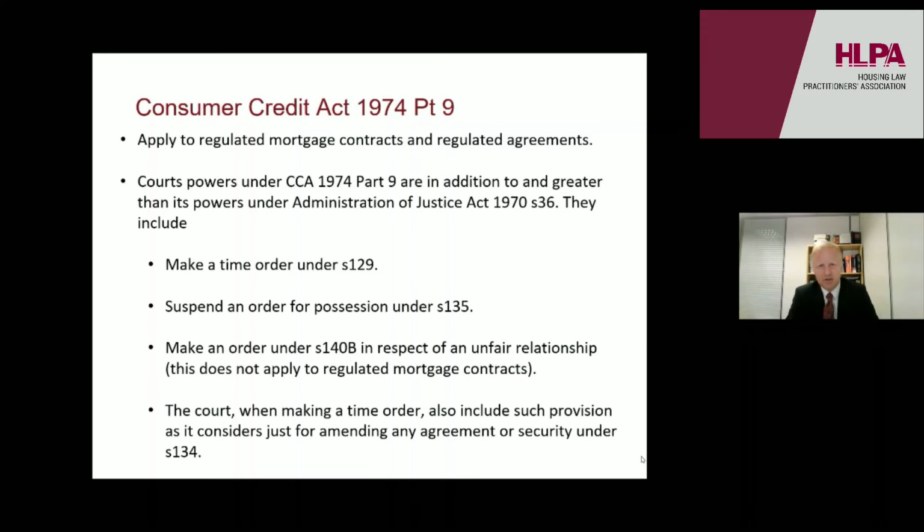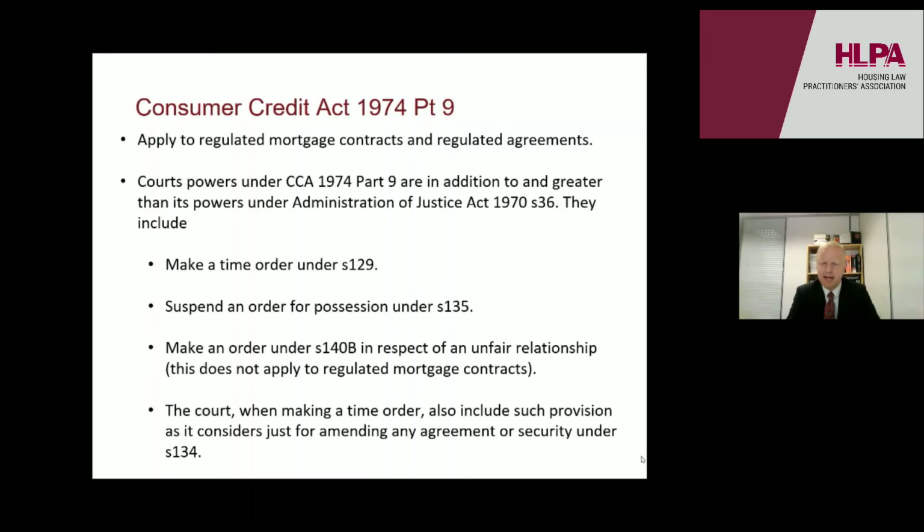Well, under Section 129, it's the power to make a time order. There is a freestanding power to suspend an order for possession, albeit they're most likely to be combined with making a time order. There's a provision as to unfair relationships, which I'm not going to look at because, as I say, it doesn't apply to regulated mortgage contracts.